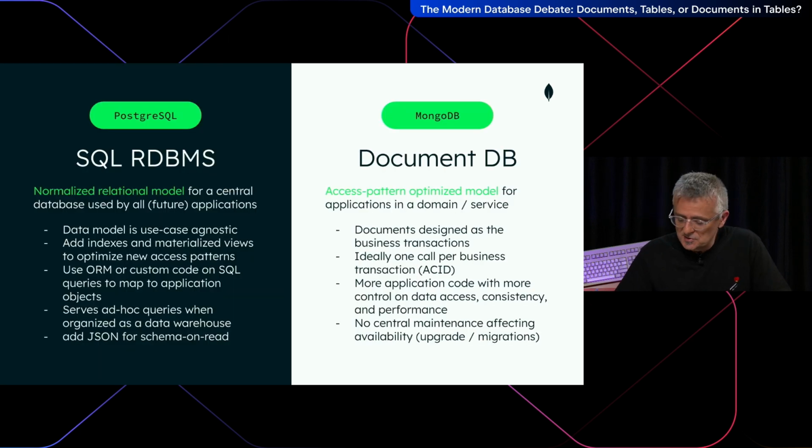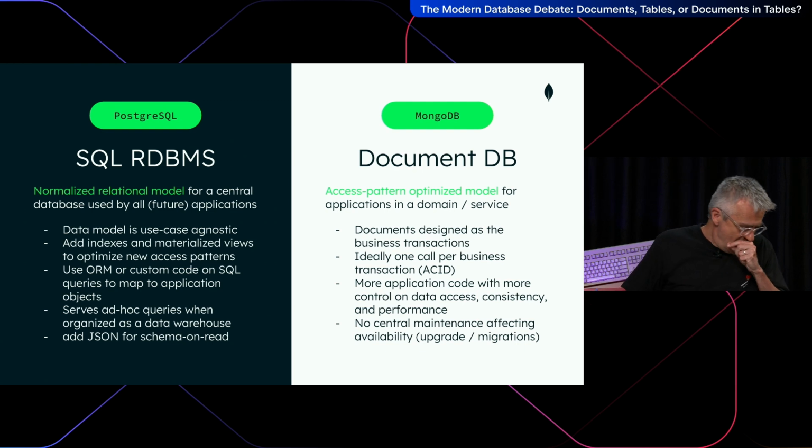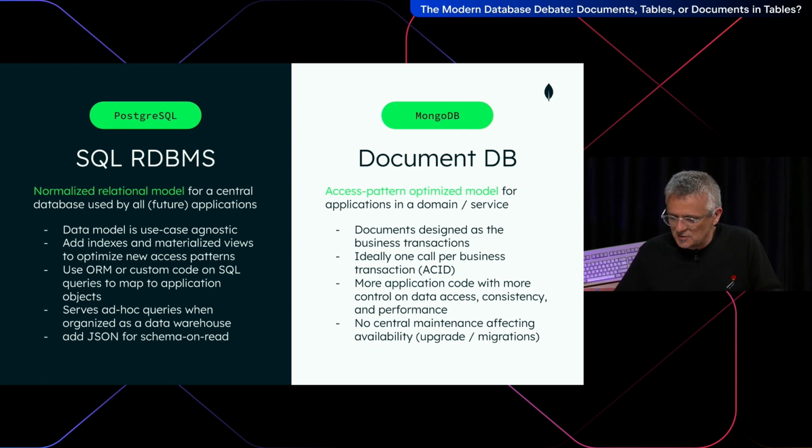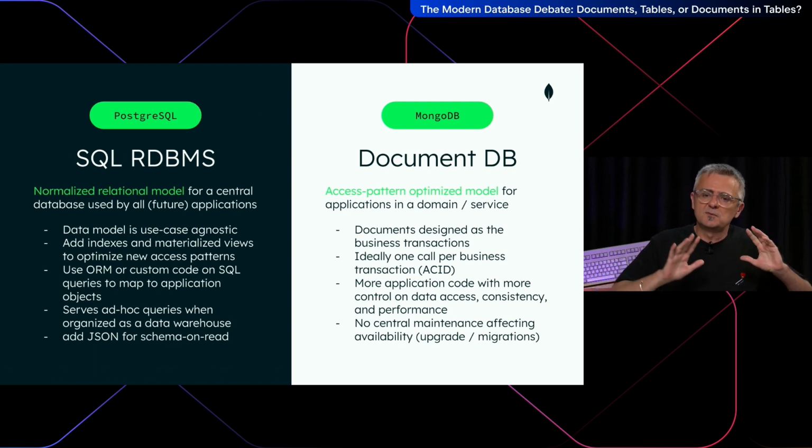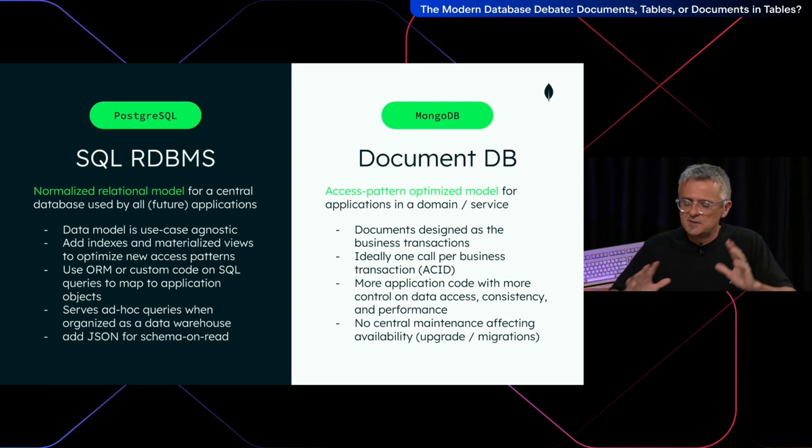And there are many questions about which database to use, because I mentioned the two, but just to summarize, if you build a normalized model for a central database for many applications and you don't know those applications yet, then nothing is better than a normalized model if you do not know anything about the access pattern. Because you need to normalize for that.